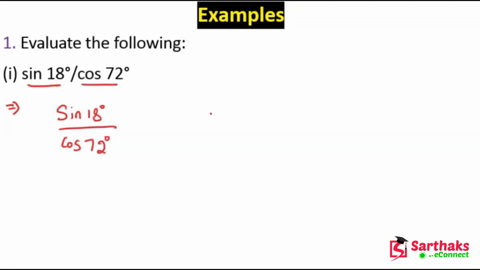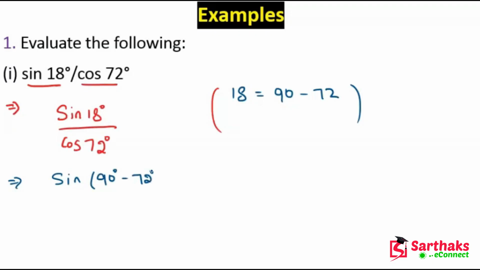For solving this, we can write 18 as 90 minus 72. If you solve this, we get the same 18. So here it is sin of 90 degree minus 72 degree.